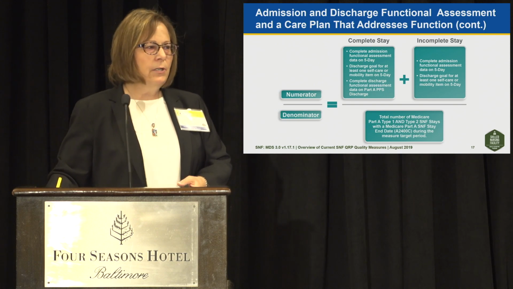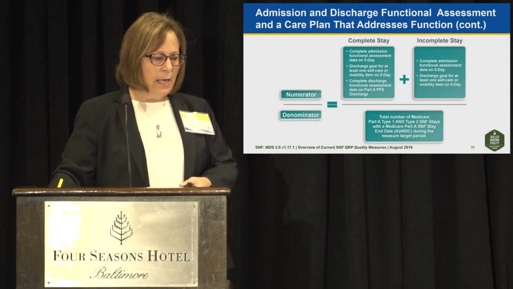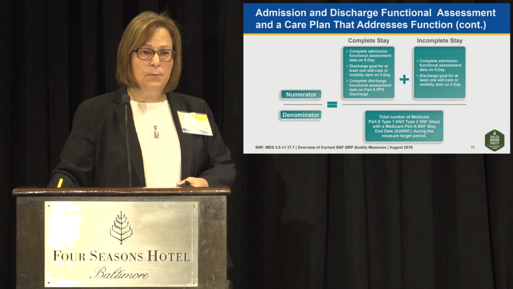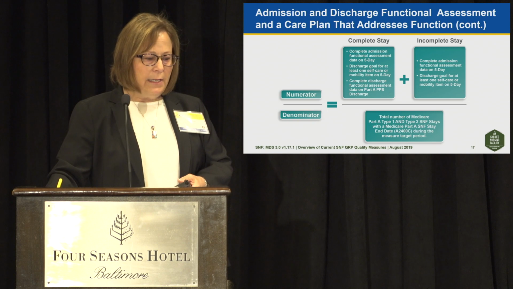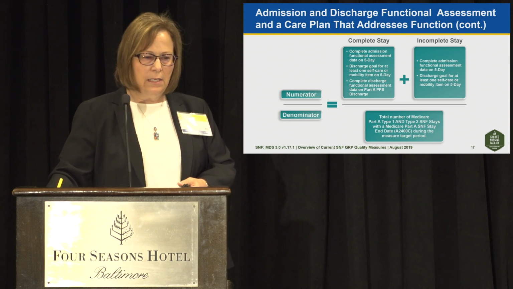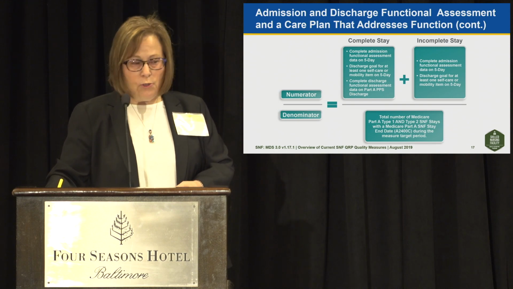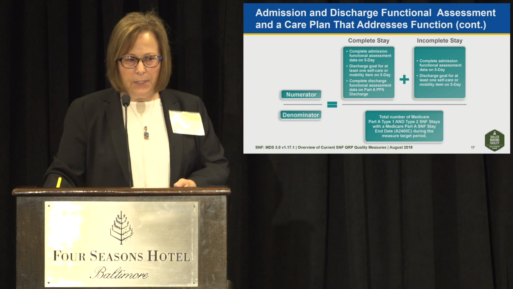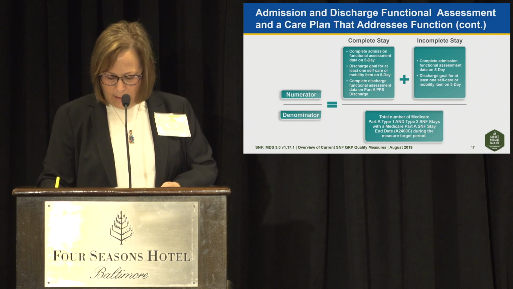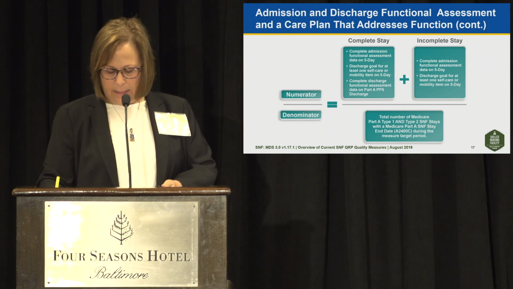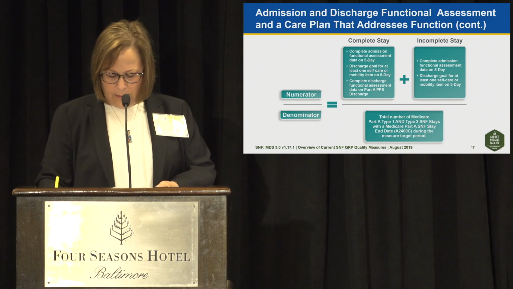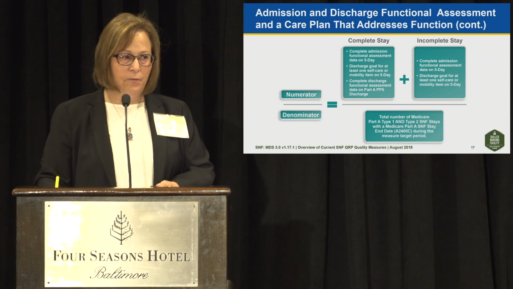The denominator is the total number of Medicare Part A, Type 1 and Type 2 stays, with a Medicare Part A SNF stay end date in A2400C during the measure target period. The numerator looks at the completion of all of the required data elements we just reviewed for a complete stay: admission performance, at least one goal, and discharge performance.